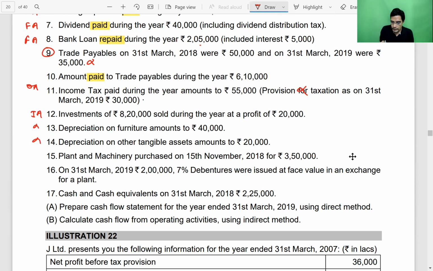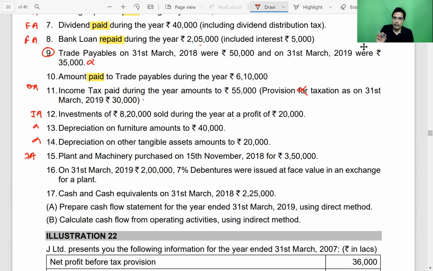Plant and machinery purchased, investing activity. Then on 31st March 2019, rupees 2 lakh 7% debentures were issued at face value in exchange for a plant. So the entity has issued debentures, but in return, the entity didn't receive cash, the entity received plant.